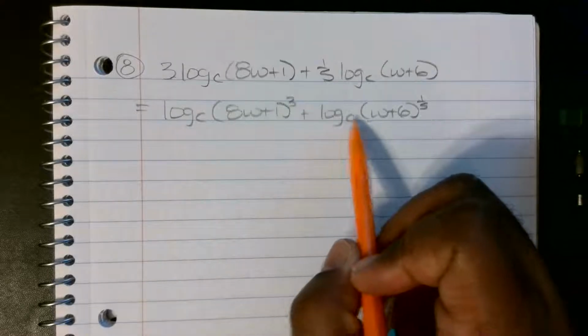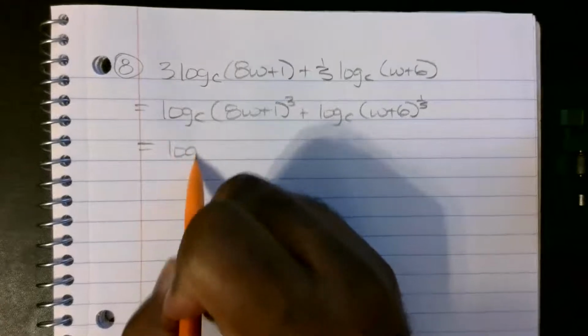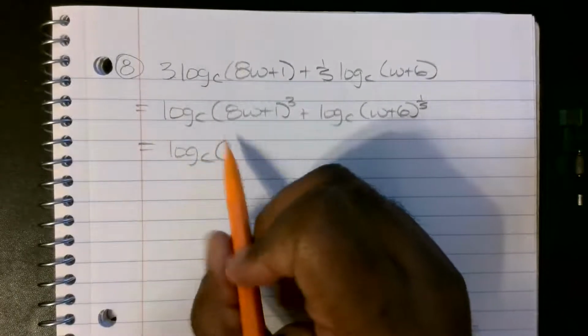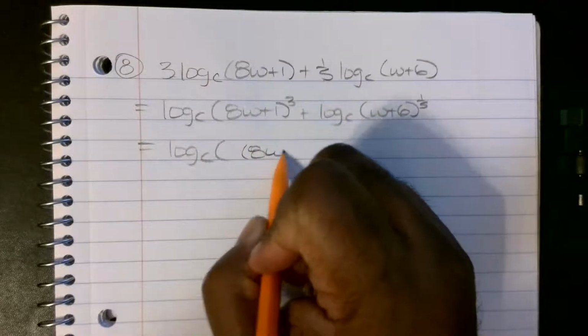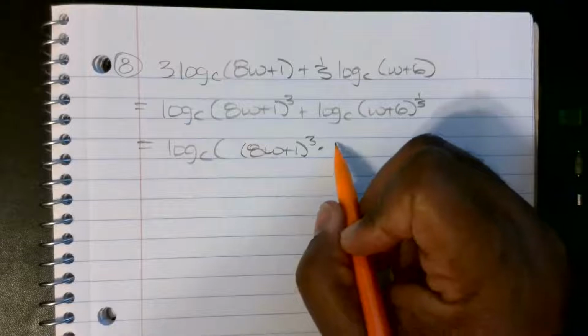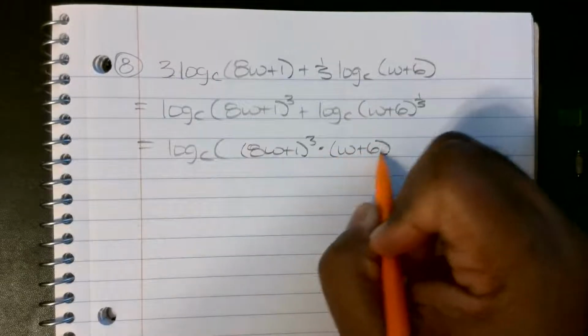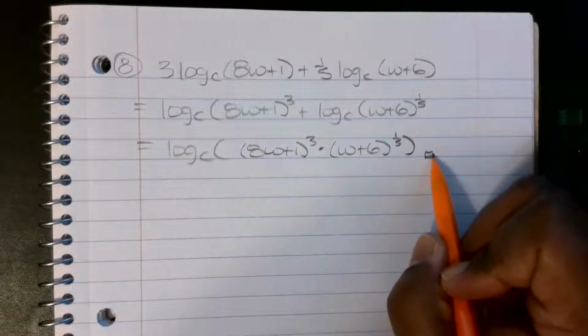Log of this plus log of this becomes multiplication. Log base c of (8w plus 1) cubed times (w plus 6) to the 1/5. And that's our answer.